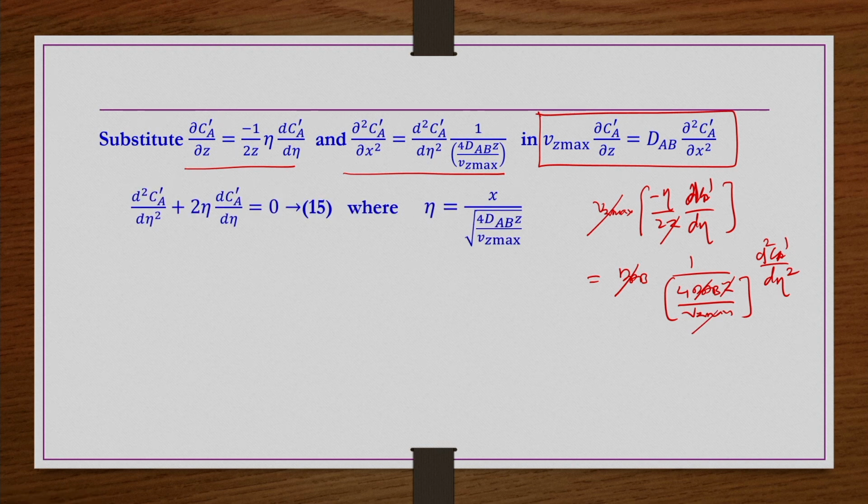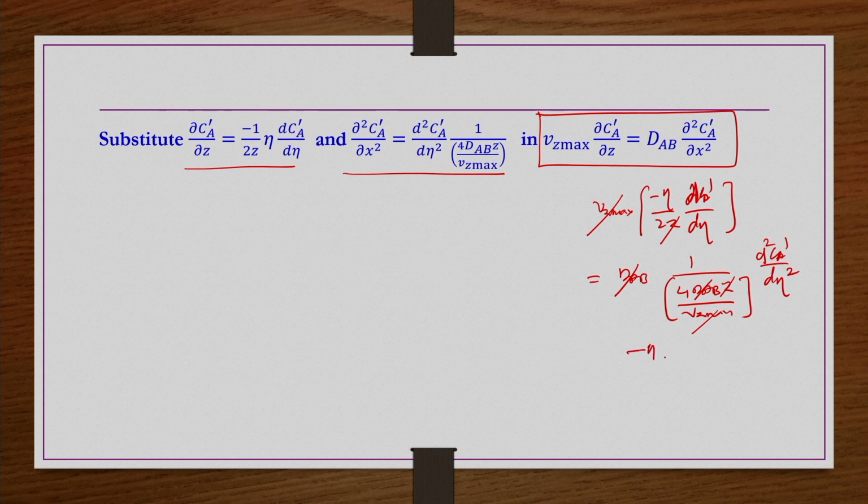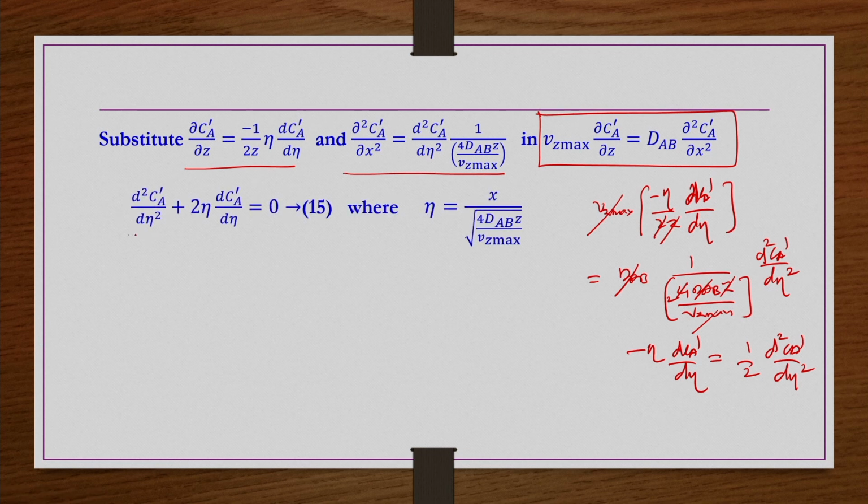We have minus η by 2 dCa' by dη, and then this 2 also we can take off, so we have 1 by 2 d²Ca' by dη². So, this 2 you take to the left hand side and then add them together: d²Ca' by dη² plus 2η dCa' by dη is equal to 0.